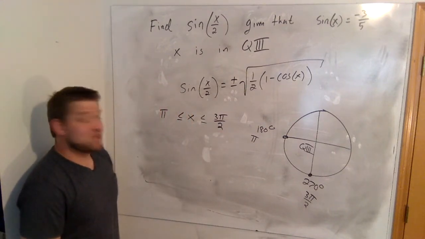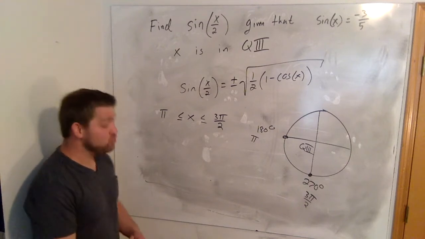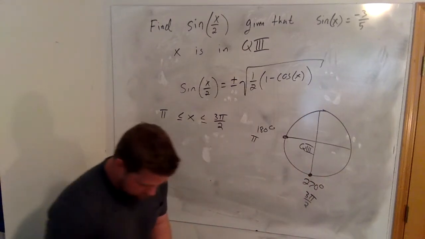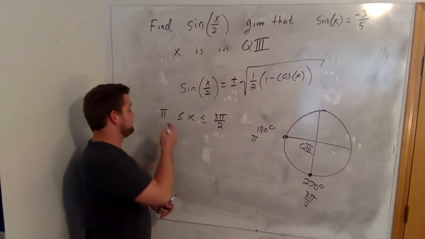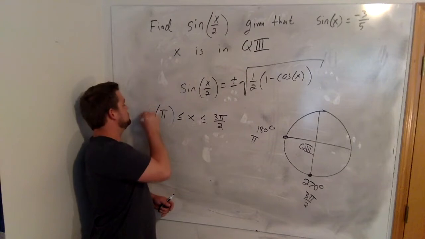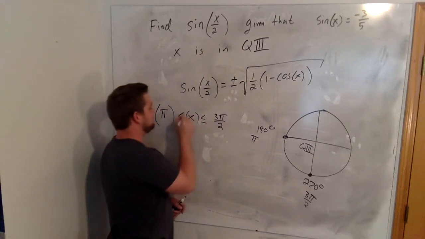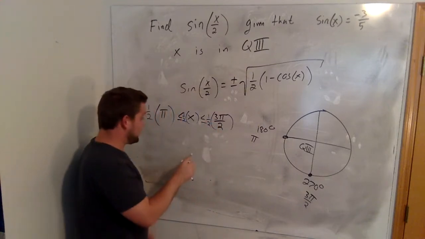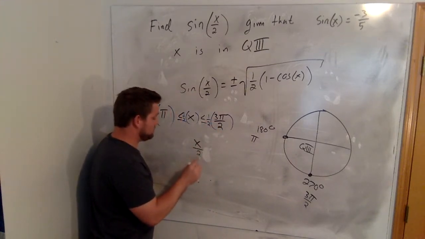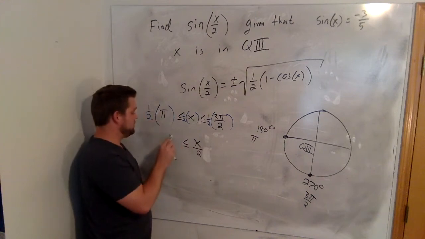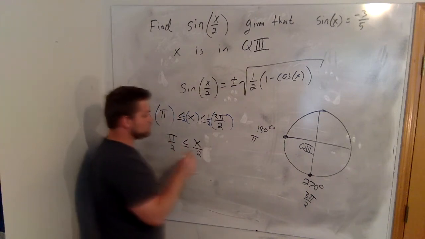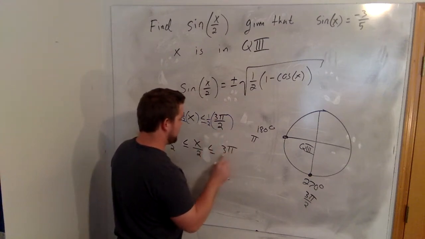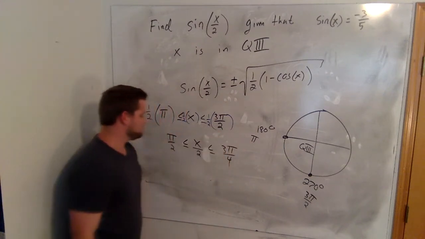But we want to know what quadrant x over 2 is in. So what can we do? We can multiply everything by a half. So this is saying that x over 2 is going to be between pi over 2 and 3 pi over 4.